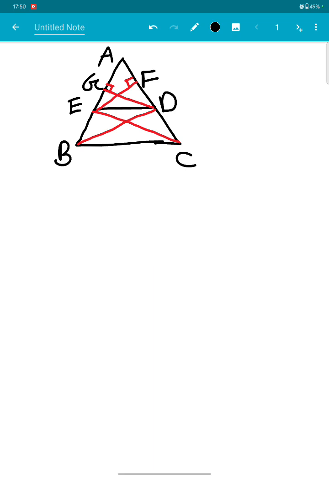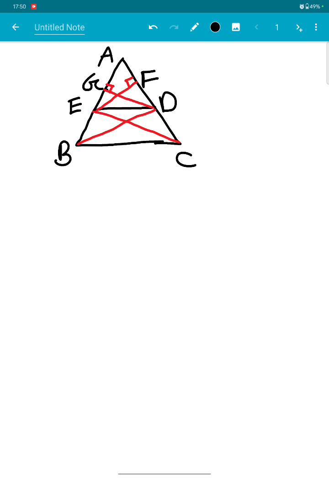So this is a triangle. ABC is a triangle, and EF is perpendicular to AD and AC, and DG is perpendicular to AF and AB.